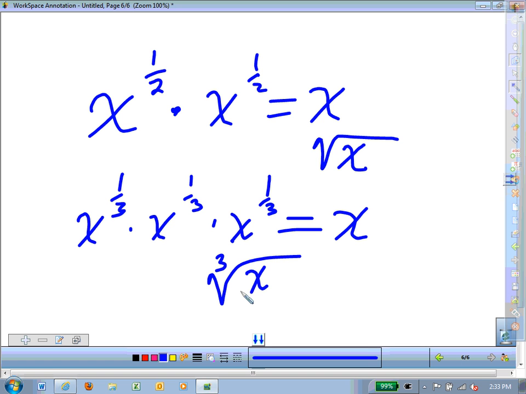Or any other number. So 1/8 would be 8th root, and so forth. So now, the problem arises later, so you can get this all figured out right now, that these things come up, and you have the 1 over parts, right?